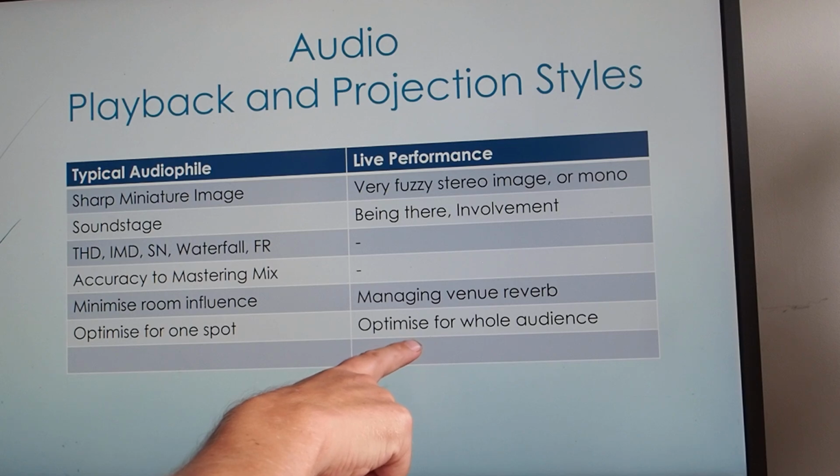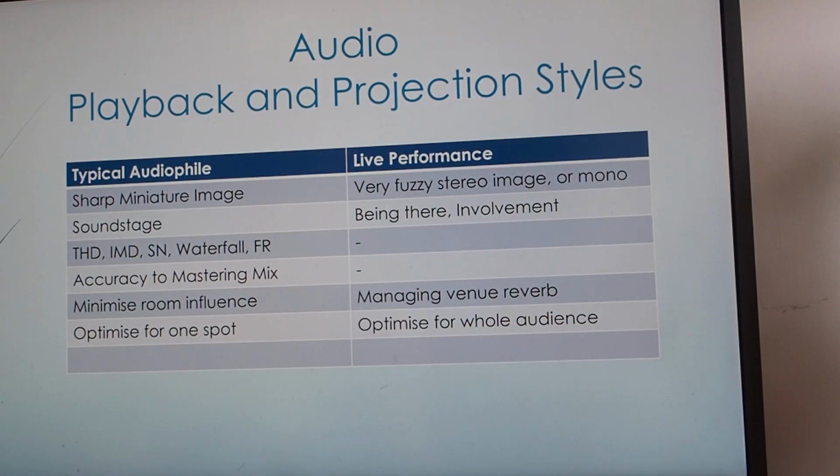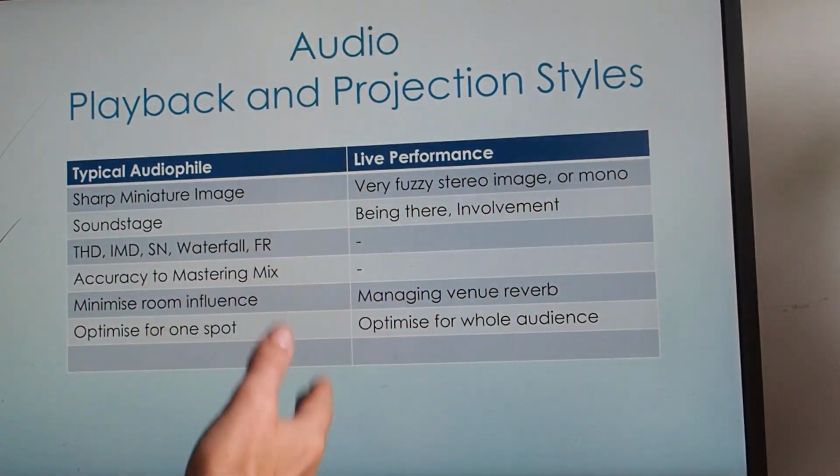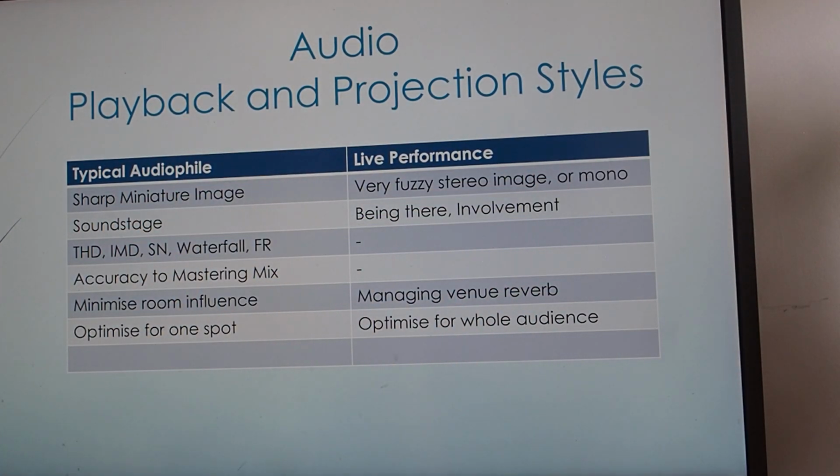And in a live performance, everybody who paid the ticket needs to be served, so they optimize for the whole audience. And the premium seats might be better, but generally that's what they do. So very different. We have a complete schism, I would say. I don't know how people reconcile this if you look at this logically, but there's such a different approach. Now we're getting into the meat of it.